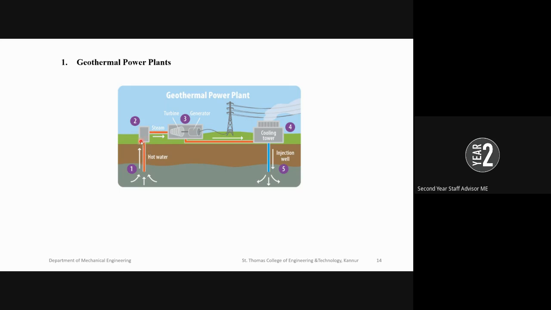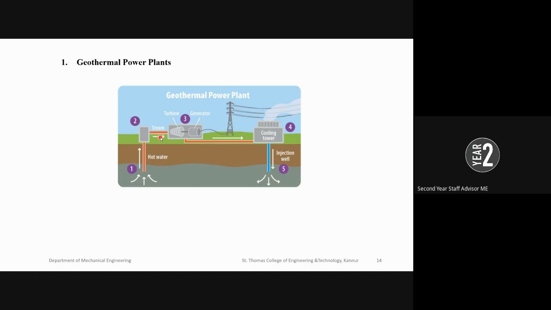As a result, this hot water will be converted into steam.